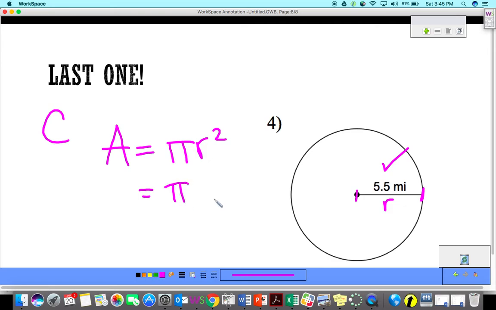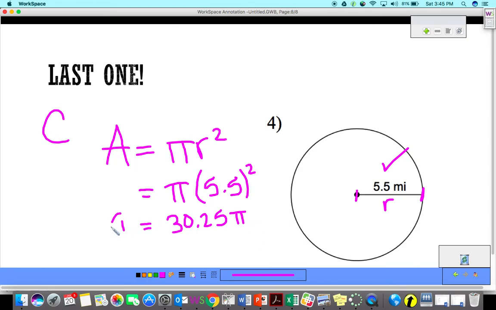I'm going to keep the pi symbol for right now, and I'm going to go 5.5 squared. Now, you can write your answer in terms of pi. If I did that, I would just take 5.5 squared and get 30.25 pi as my answer.